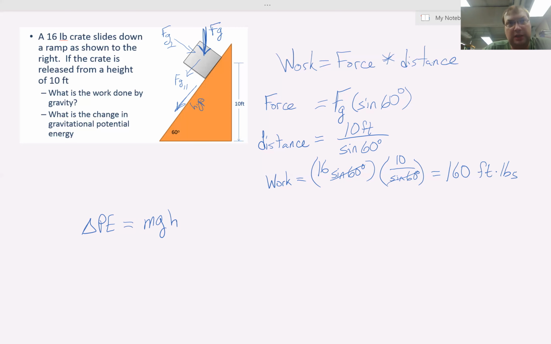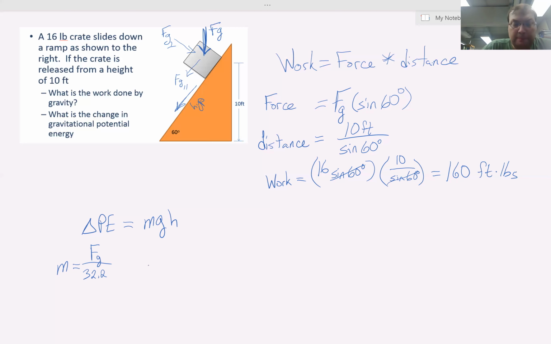Well, in this situation, the mass, m, is equal to our force of gravity, our weight, divided by, because we are working in US customary, 32.2 feet per second squared, which also removes the pounds force to make it pounds mass.